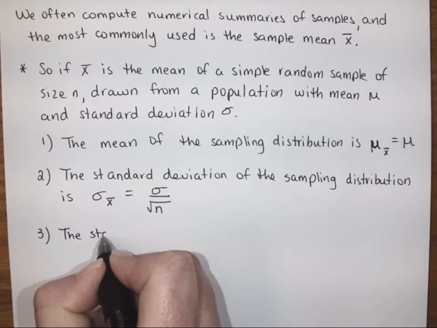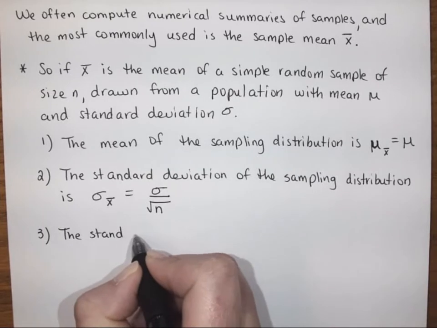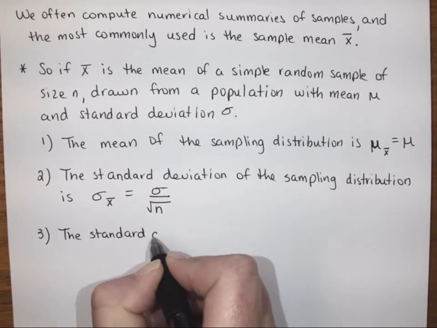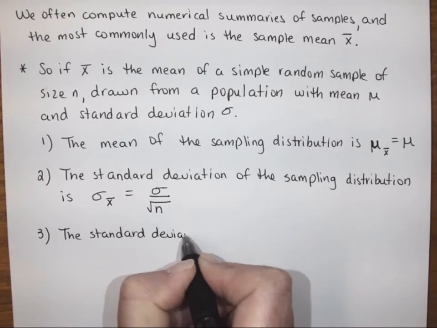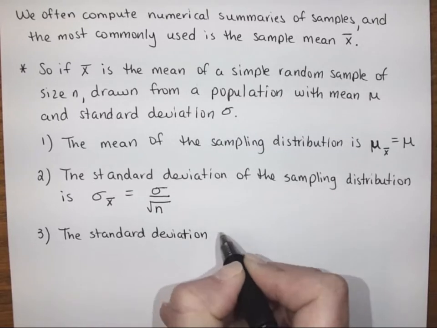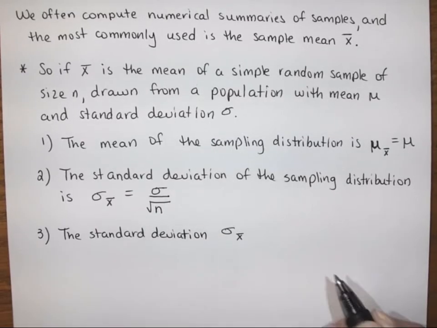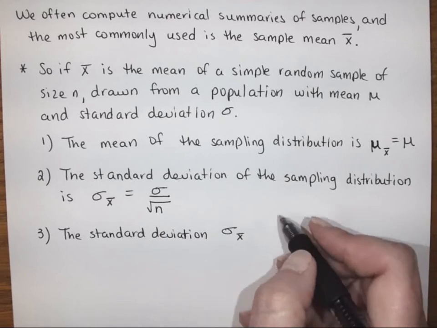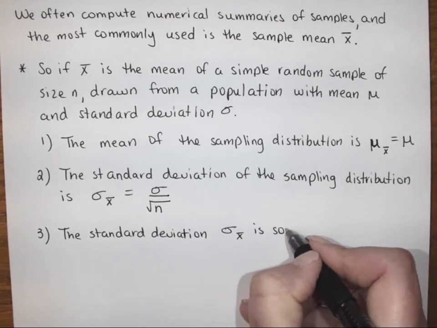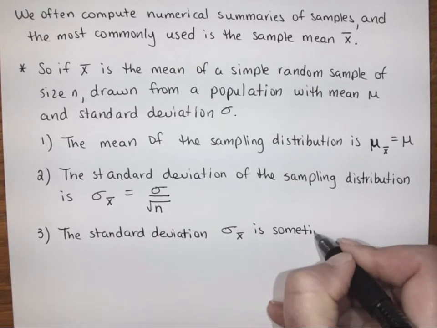And then thirdly, the standard deviation that we just mentioned, where we have sigma sub X bar, is sometimes what we call the error.